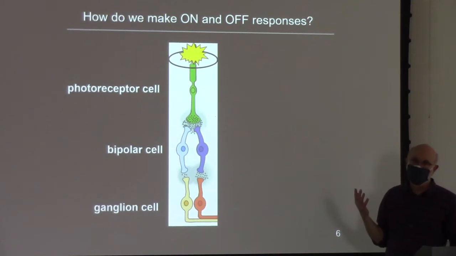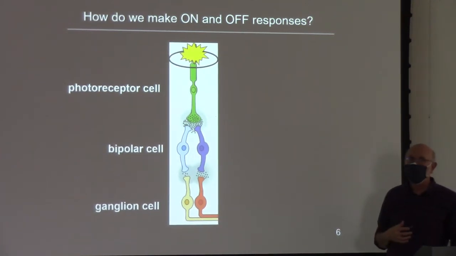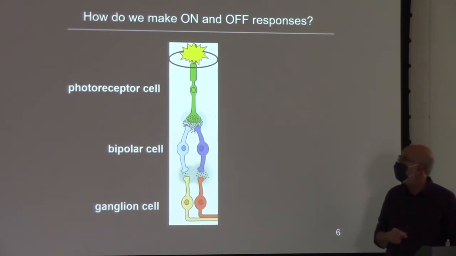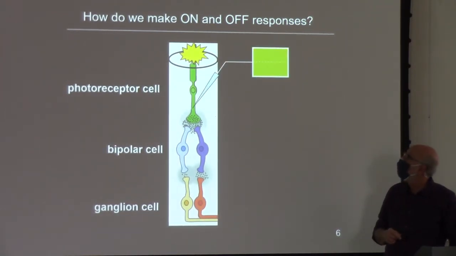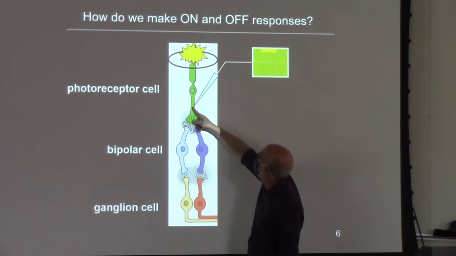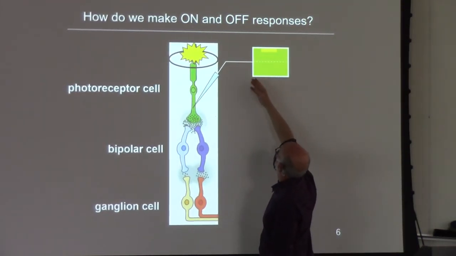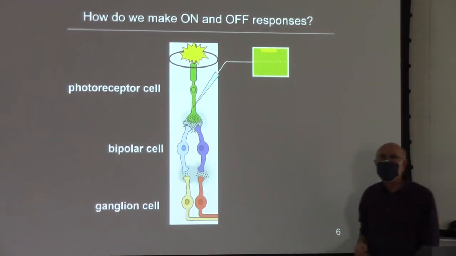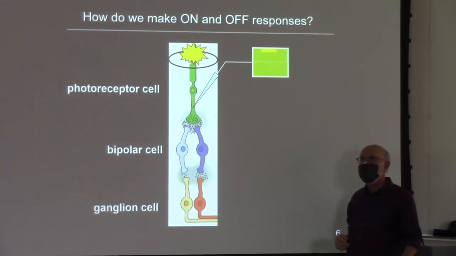Okay, light. Light hits the photoreceptor cell. We're in the center of a field. That was just an electrode. Here's the output from the electrode. The yellow bar represents the period during which light is on.